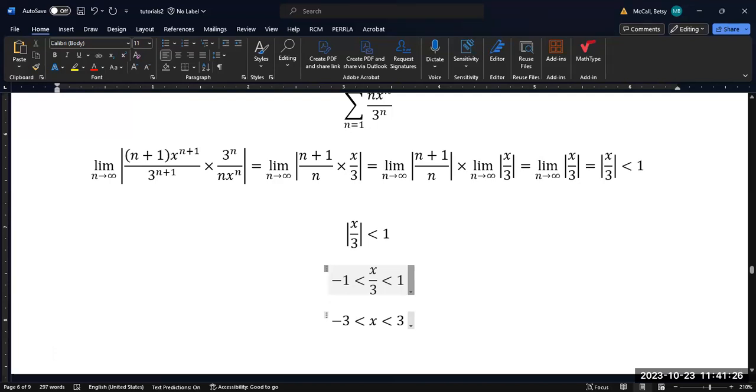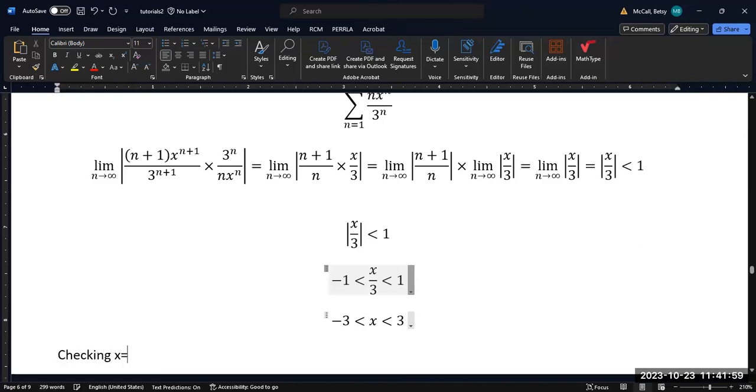So what we have to do is check the endpoints of the interval to see if the series will converge at -3 or 3, or possibly both, or maybe neither. Because there are different things that can happen. You could end up with an open interval like this, a half open, half closed interval, or a fully closed interval.